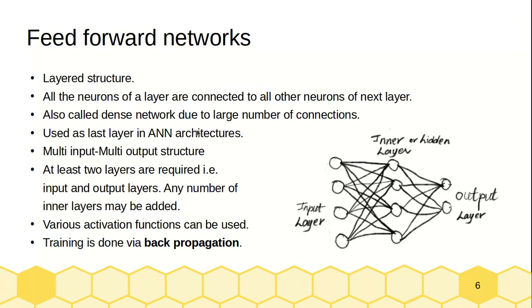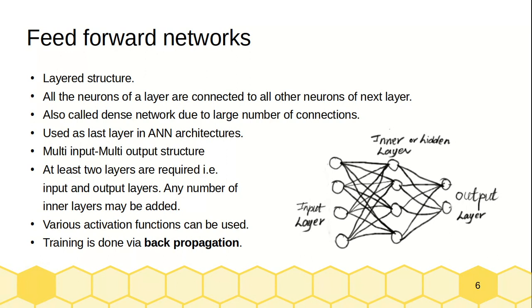The next type of neural network we will be implementing is the feed forward network. It is a layered structure consisting of many layers. There need to be at least 2 layers, input and output, and there can be any number of layers in between.